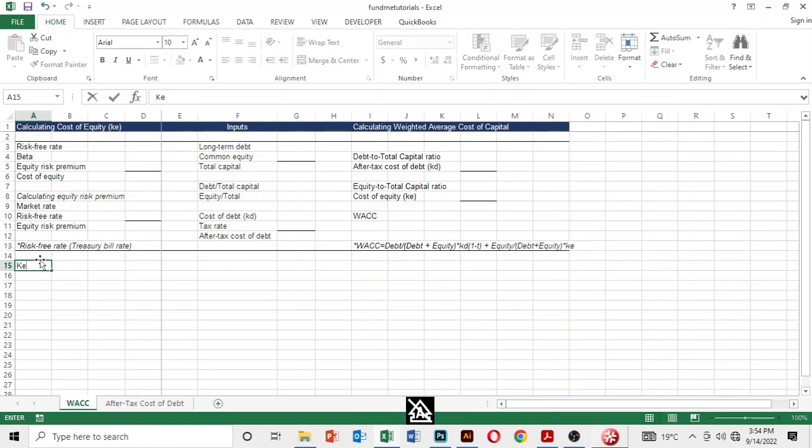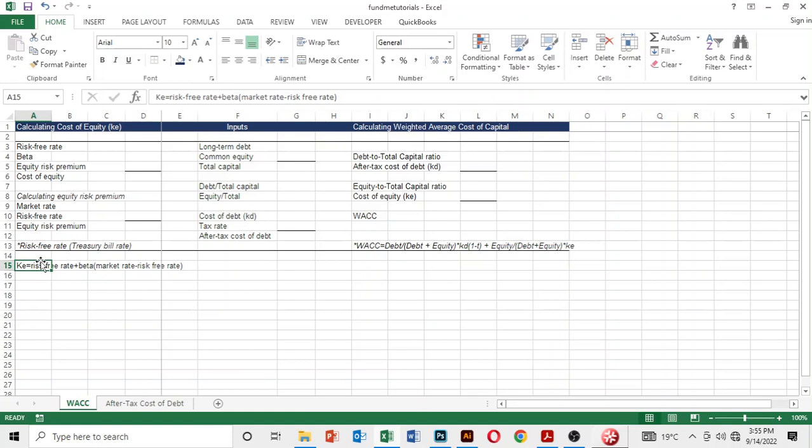To calculate KE, which is cost of equity, we say risk-free rate plus beta times market rate minus risk-free rate.